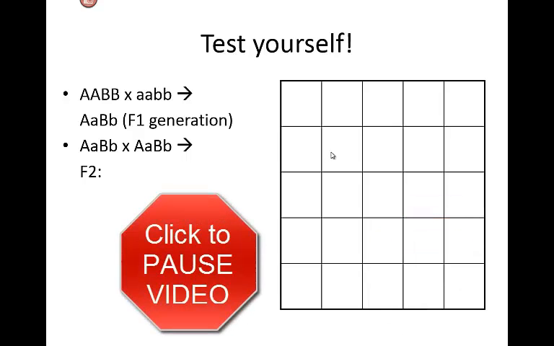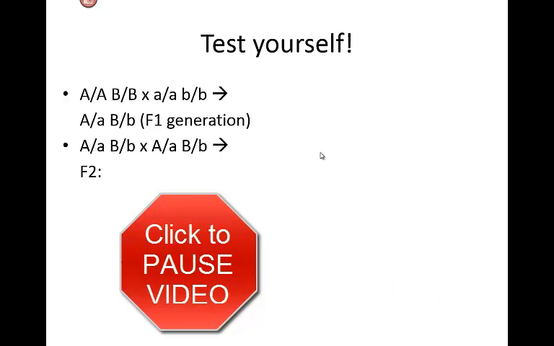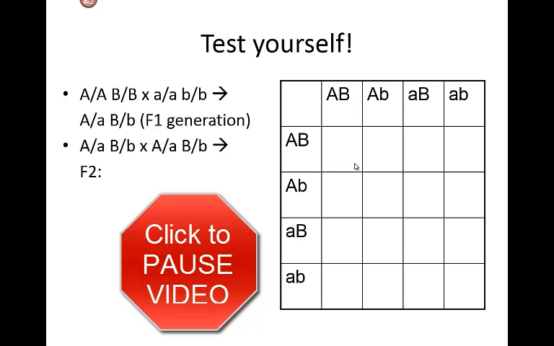The Punnett square should look something like this, at least have this many squares on it. And then what you can see is the different combinations of alleles that you might expect from each of these parents.